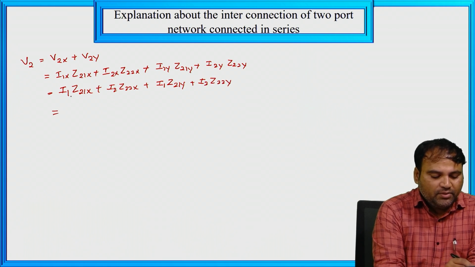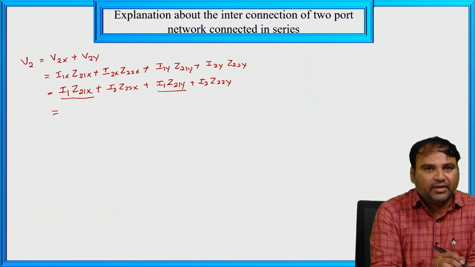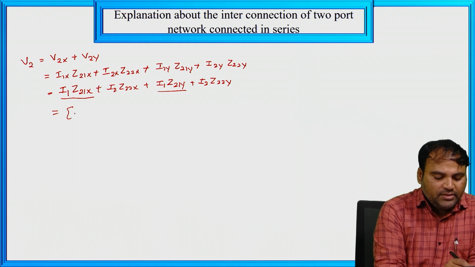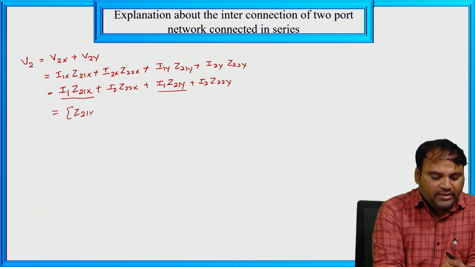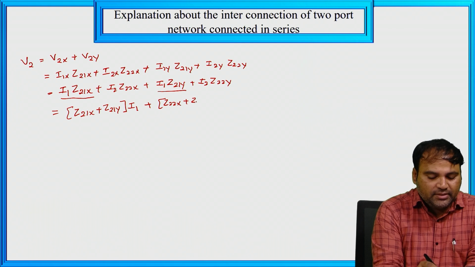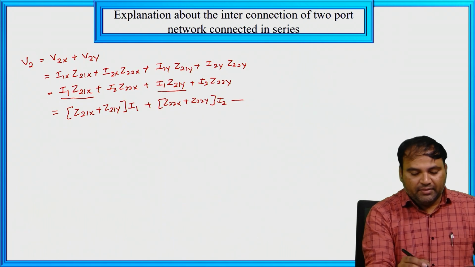Here I1 is the common term, so (Z21x plus Z21y) into I1 plus the remaining term (Z22x plus Z22y) into I2. Let us take this as equation number 11.